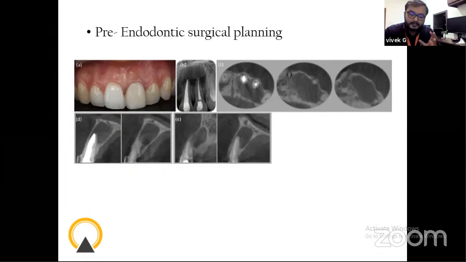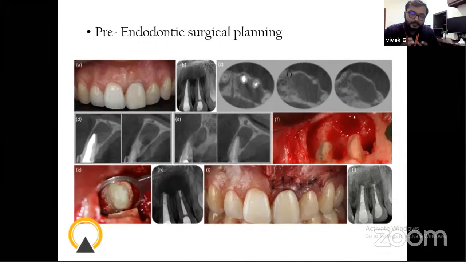So with the help of the CBCT and the third dimension, you could easily open up the flap and do a proper apicectomy procedure. The H image shows the immediate post-operative radiograph, and it was sutured, and the 1-year post-operative radiograph shows complete healing. So CBCT can be helpful here as well.